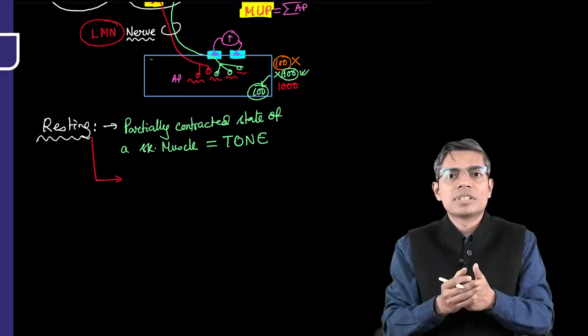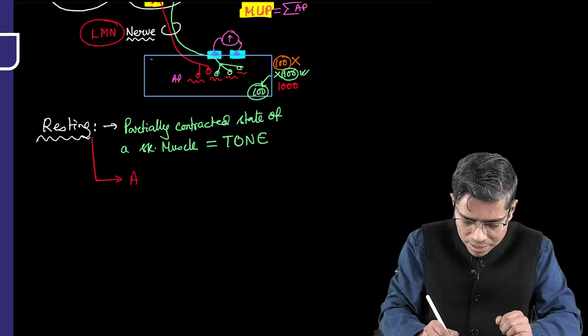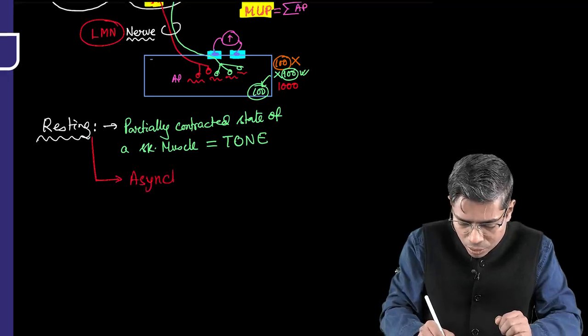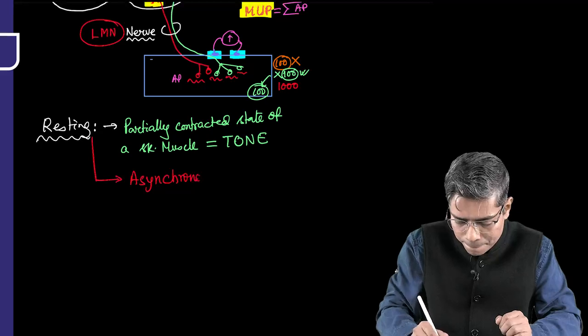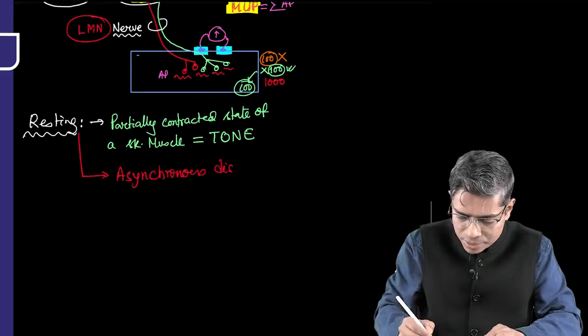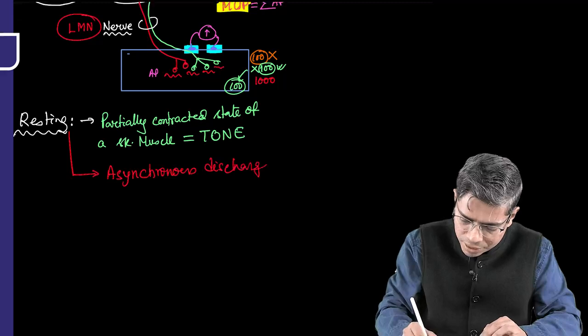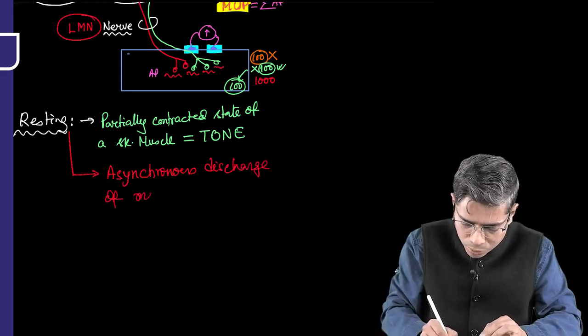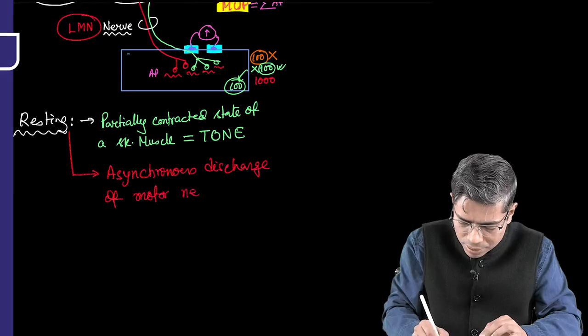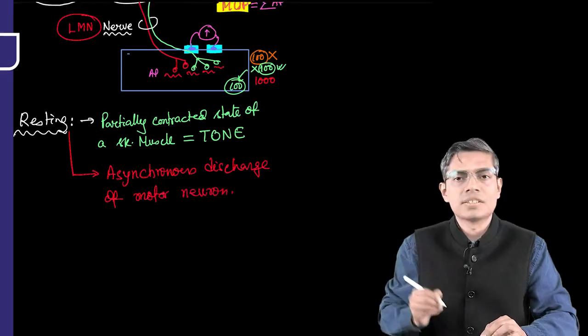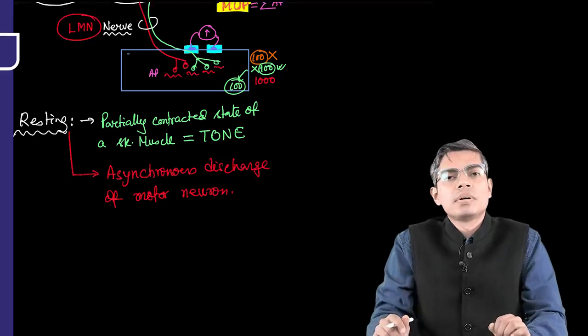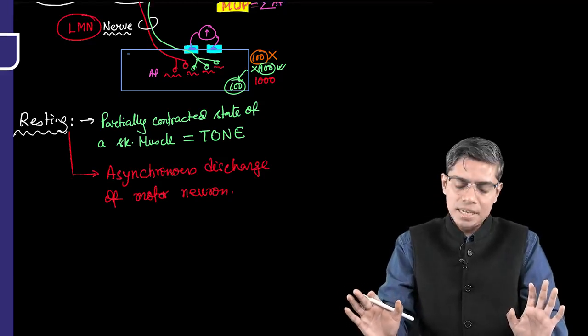This way the activation will continue. This is known as asynchronous discharge of motor neurons even in the resting stage. This is the reason for muscle tone generation, right?